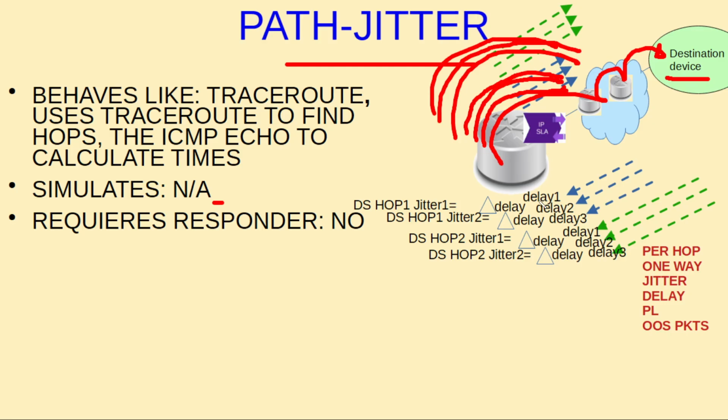And when having several delays to reach each hop, we will be able to calculate jitter, because the jitter is the variance in delay. So we can calculate per hop, in one way, jitter, delay, packet loss, and out of sequence packets. We don't require a responder in this case.